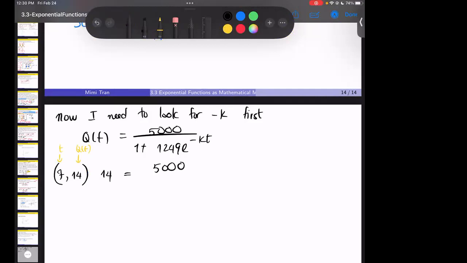14 equals 5,000 over 1 plus 1,249 e to the negative K, and then T here is 7.